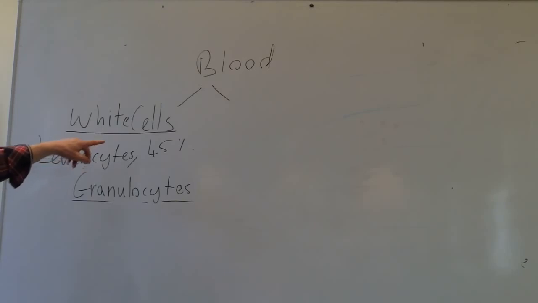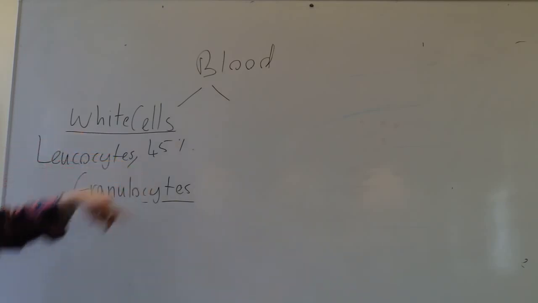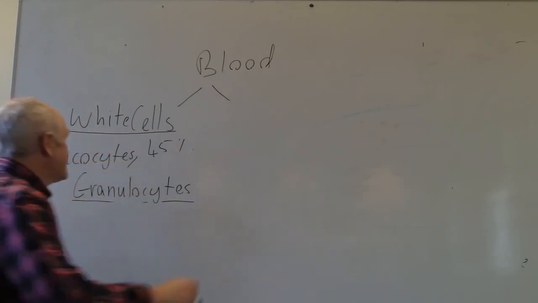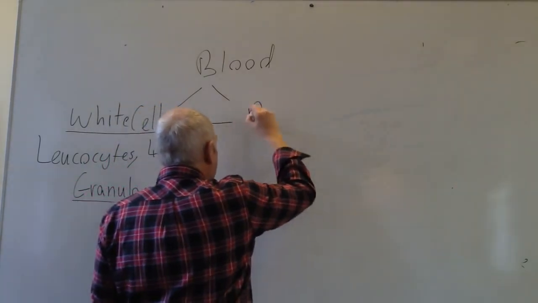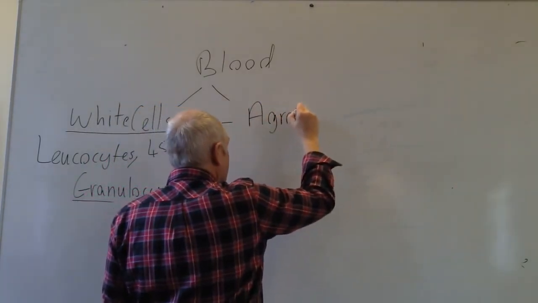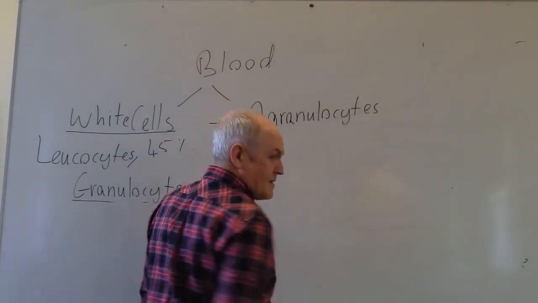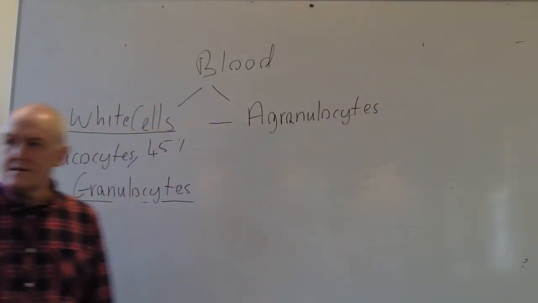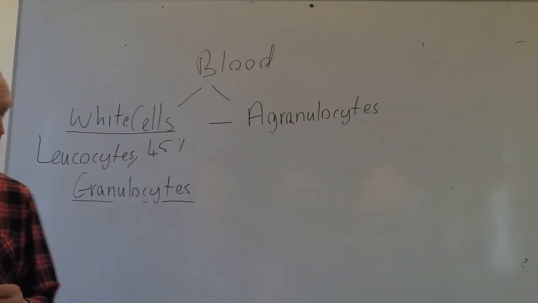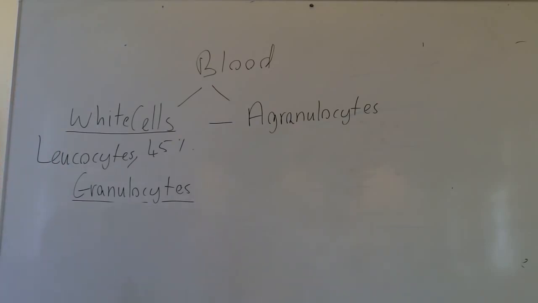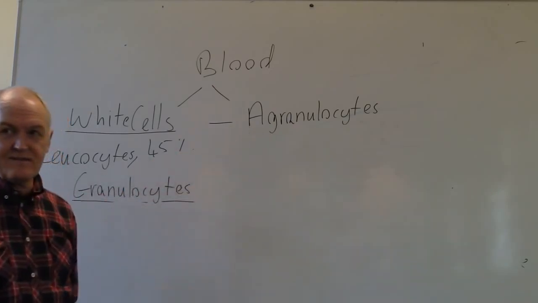So we know that the white cells or the leukocytes can be granulocytes. Alternatively, they can be agranulocytes. A means absent or without.